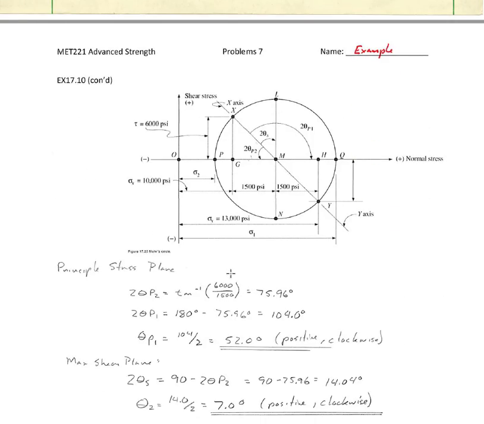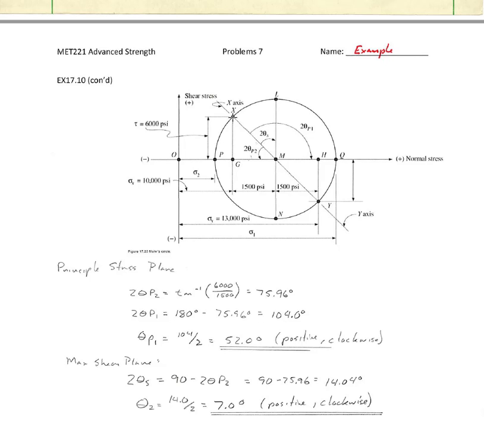Okay, so once we look at this one right here, we can see that if we were to rotate our point X up to point L through this angle 2 theta S, that gets us from our state of stress in the problem statement up to our maximum plane of shear, because this high point here on the circle is our maximum shear stress. So if we were to rotate our Mohr's circle by this 2 theta S, we get from point X to the maximum plane of shear.